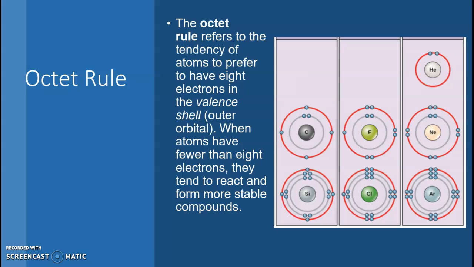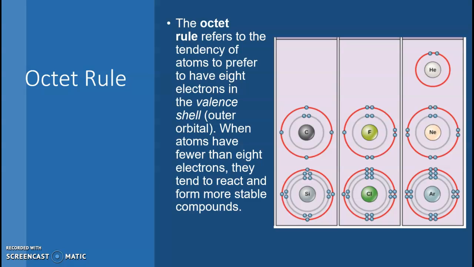So the octet rule, you guys, octet, OCT, of course, means 8. And the octet rule refers to the tendency of atoms to prefer to have 8 electrons in the valence energy level. Now, the exception is for smaller atoms that want to be more like helium and have 2, because remember, if it's small, it only has 1 outer energy level or perhaps 2.